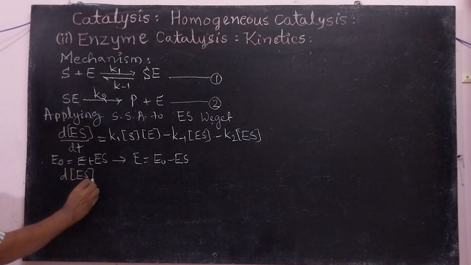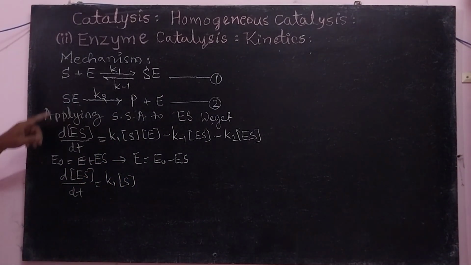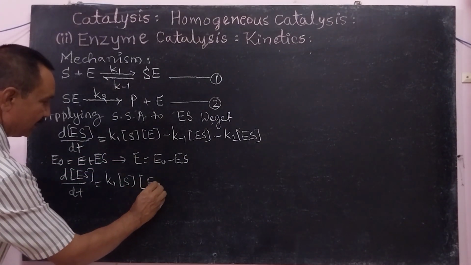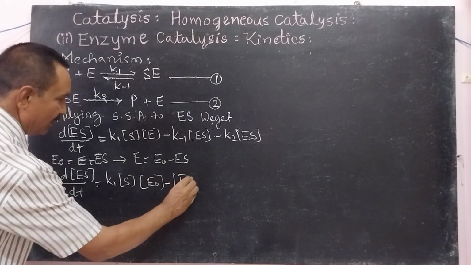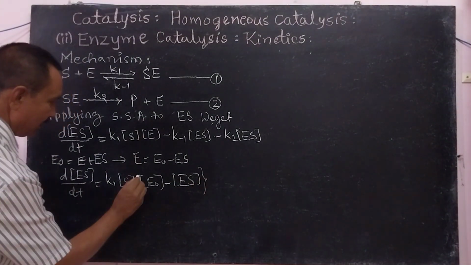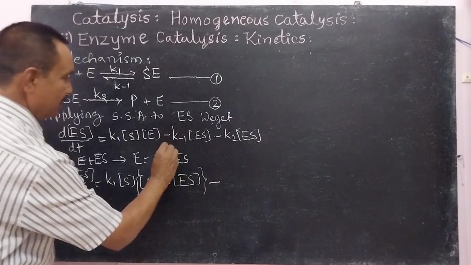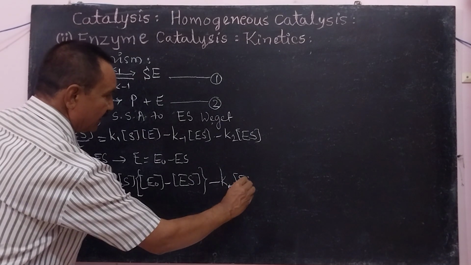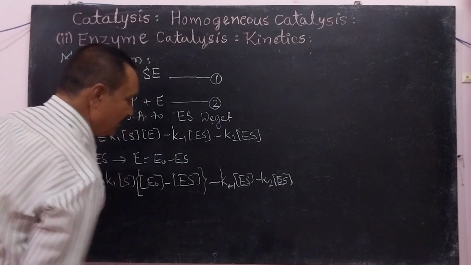d[ES]/dt is equal to K1 into S, into E, which is E0 minus ES, in square brackets. Then minus K minus 1 into ES and minus K2 into concentration of ES.